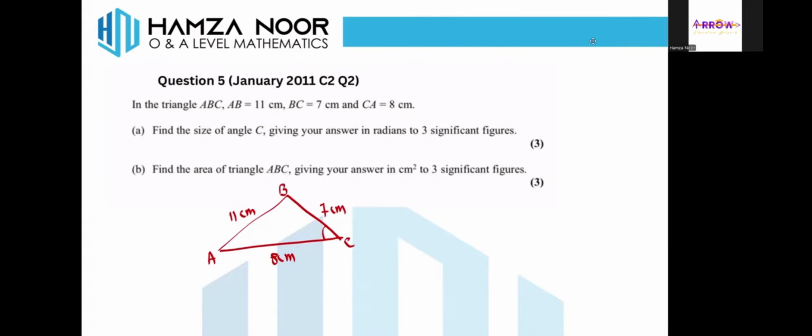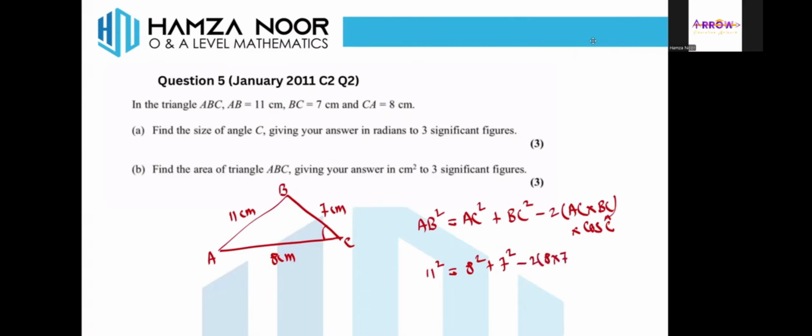AB squared equals AC squared plus BC squared minus 2 times AC times BC multiplied by cos C. So 11 squared equals 8 squared plus 7 squared minus 2 times 8 times 7 multiplied by cos C.